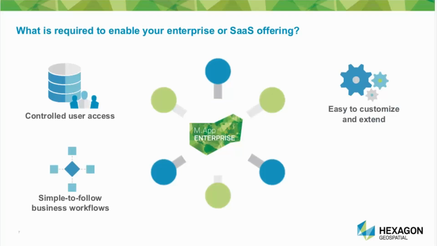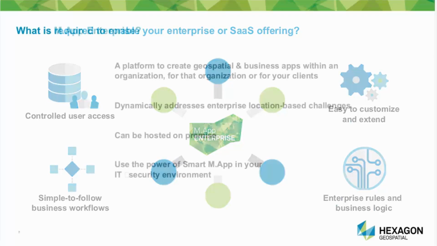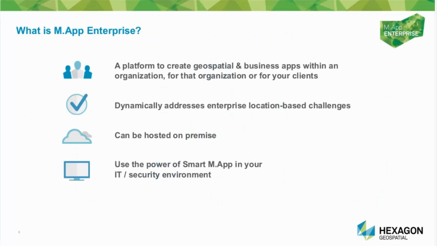Also providing a way to easily customize and extend the Mapp Enterprise platform so that you can better answer your needs. And ultimately, Mapp Enterprise directly supports enterprise rules and your business logic, because you're going to be responsible for setting up and preparing those applications, but also making sure that your business rules are well answered.